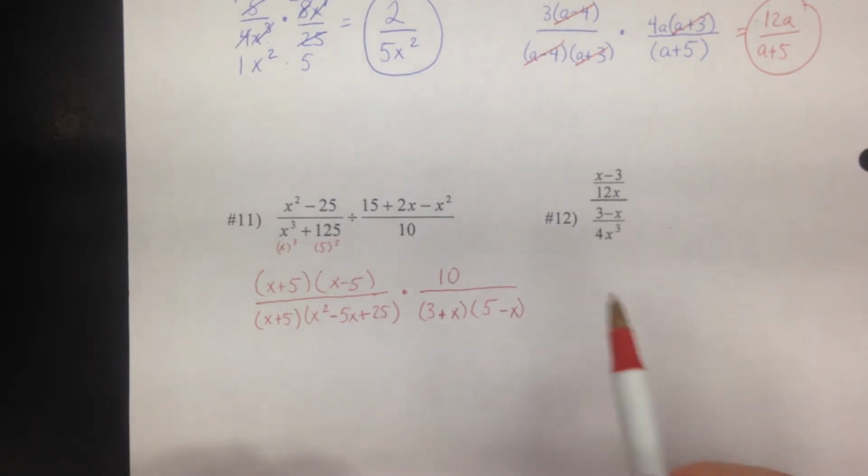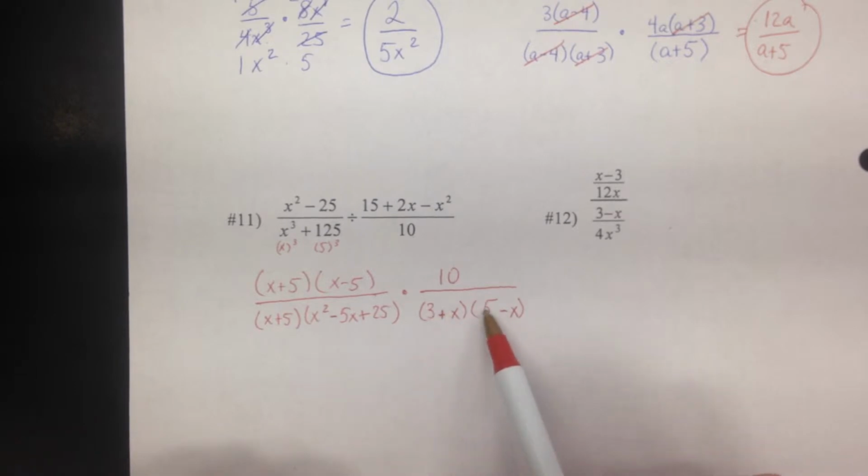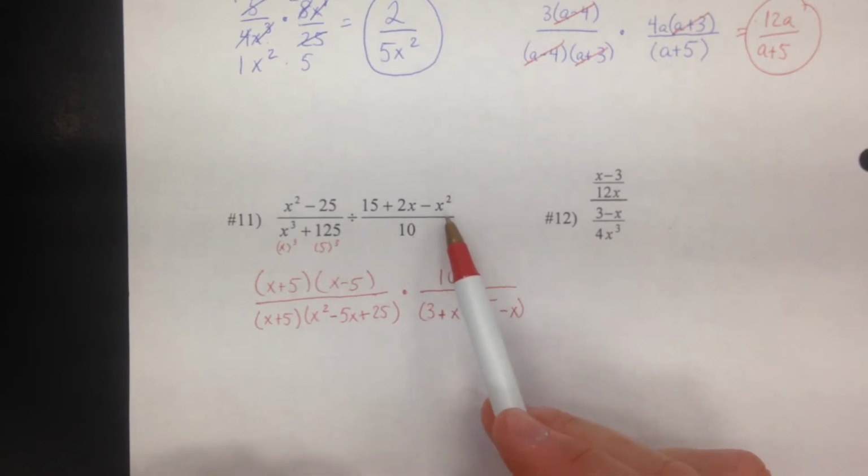Okay, if I was to multiply this back out, I'd get 3 times 5 is 15. 3 times negative x, that's my negative 3x, and then this will be positive 5x. Negative 3x plus 5x is positive 2x. X times negative x is negative x squared.